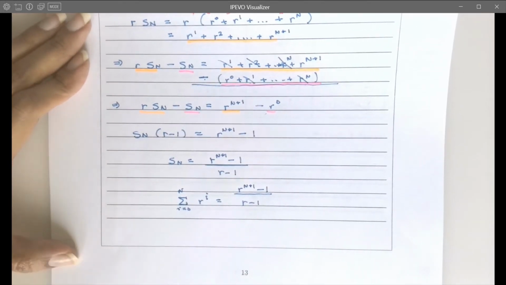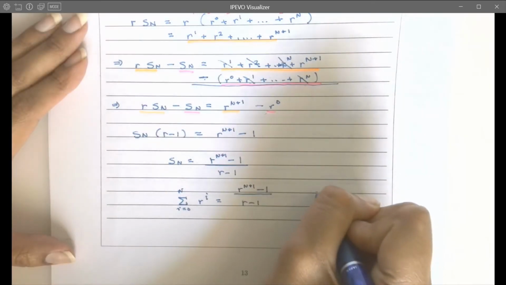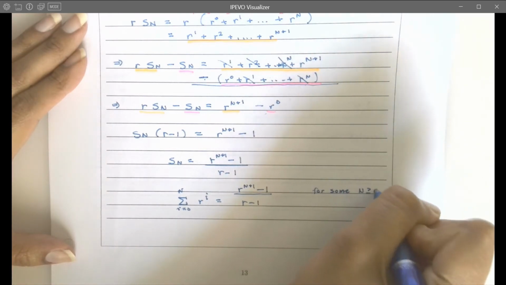And n is a partial sum, meaning n is whatever number, as long as it's greater than or equal to 0. This is for any n greater than or equal to 0.